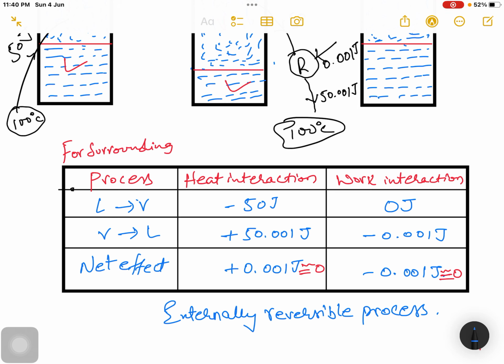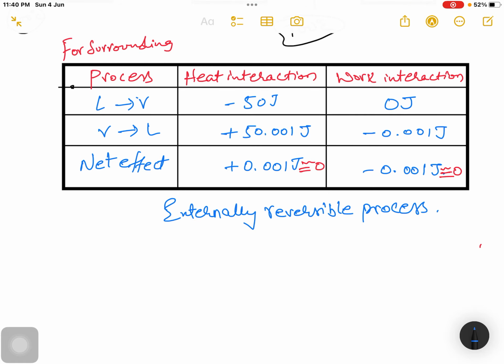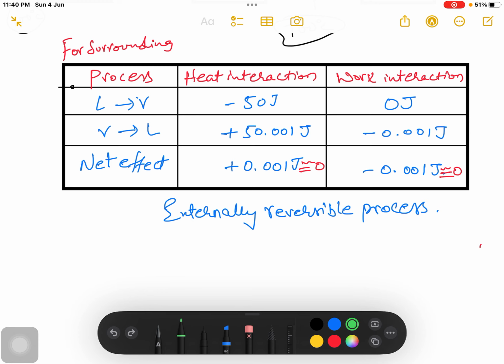Heat transfer through finite temperature difference is an externally irreversible process.